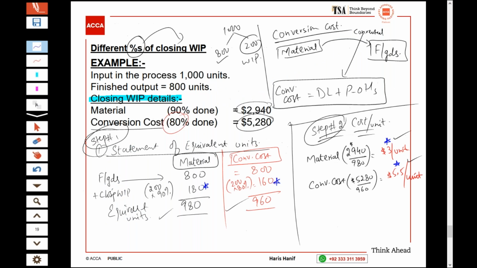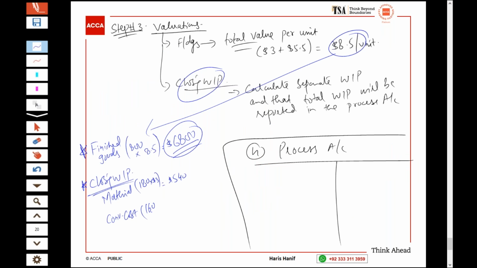And with respect to the conversion cost, 160 multiplied by 5.5 is $880. Now these two things will be reported in the process account. This is 1420.